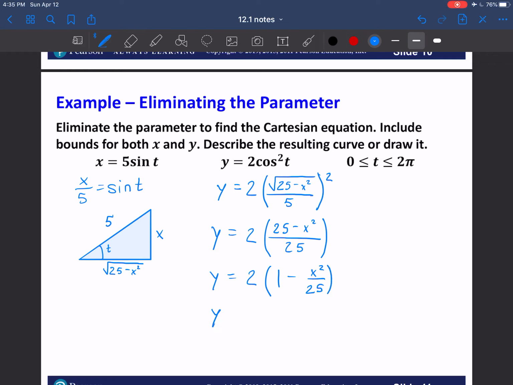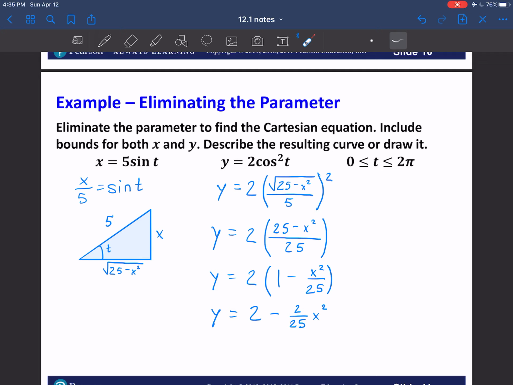And if we distribute the 2, we get 2 minus 2 25ths x squared. Alright, and we have officially eliminated the parameter. There's no longer a t in here. And yeah, that's pretty nice.